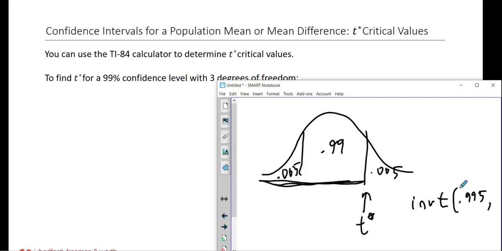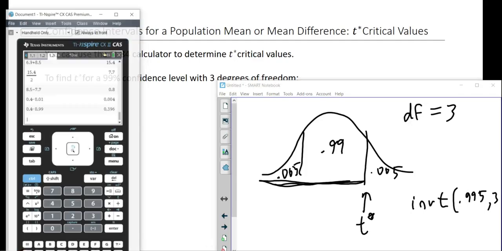That's the area, that's correct. But you see where it says 3 degrees of freedom? The degrees of freedom for basic mean, well, they just told us degrees of freedom in this case. We'll get a formula in just a minute. Let's wait on that. So comma 3. Let's see where you can find this command. It's got to be in there somewhere, right?